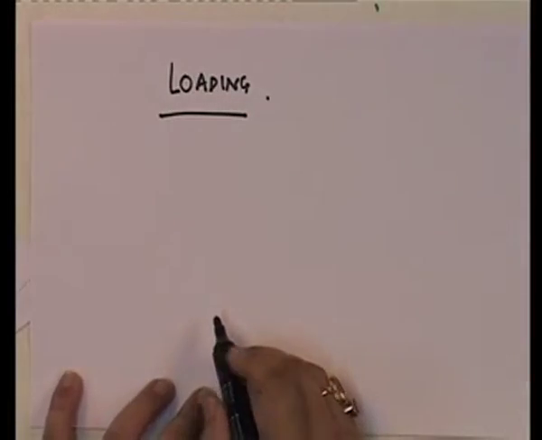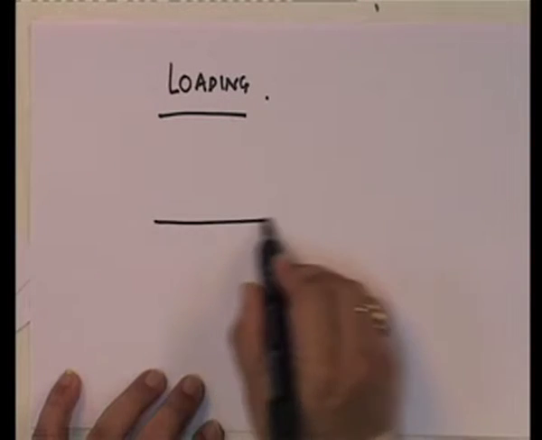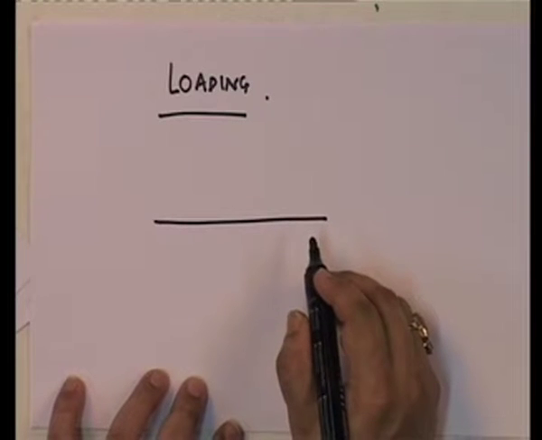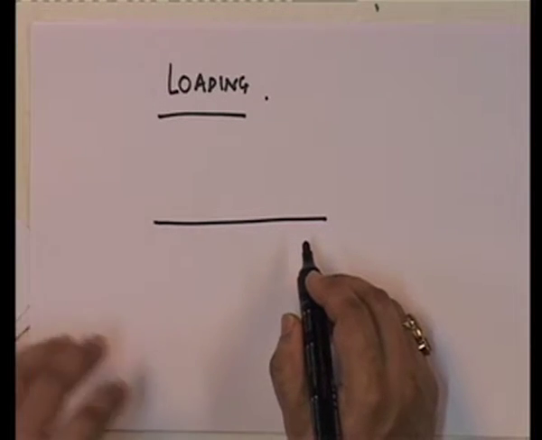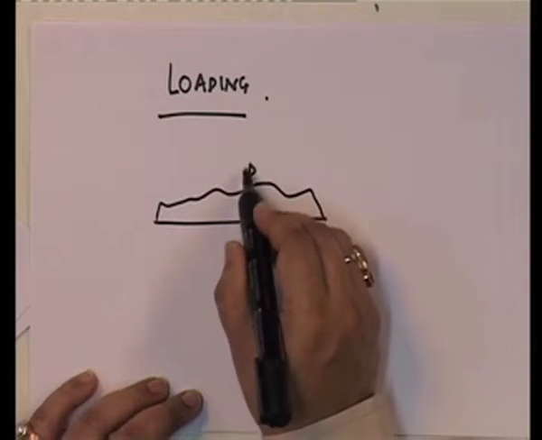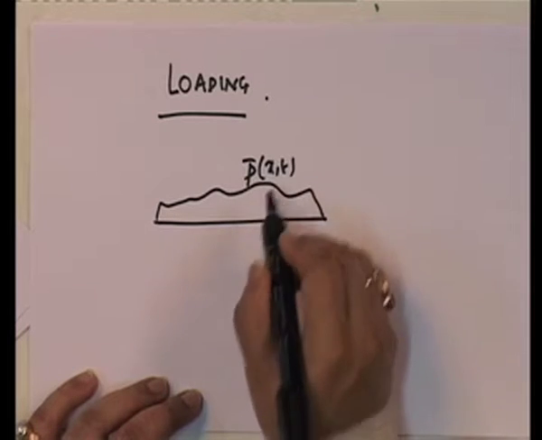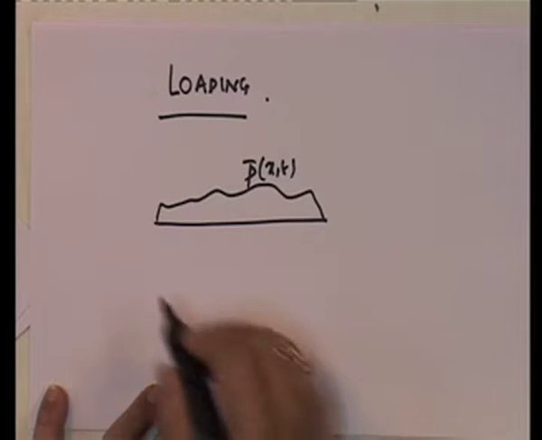So, now let us look at finally loading. How do I get loading? Well, I have already done it for rigid bars. Let us look at flexible bars. In flexible bars, let us take any arbitrary loading on the system, given as p bar x of t.